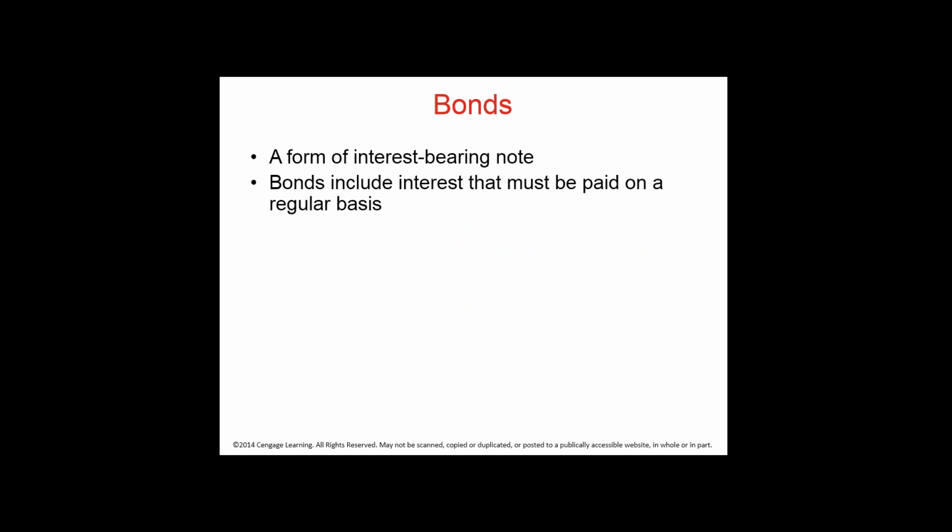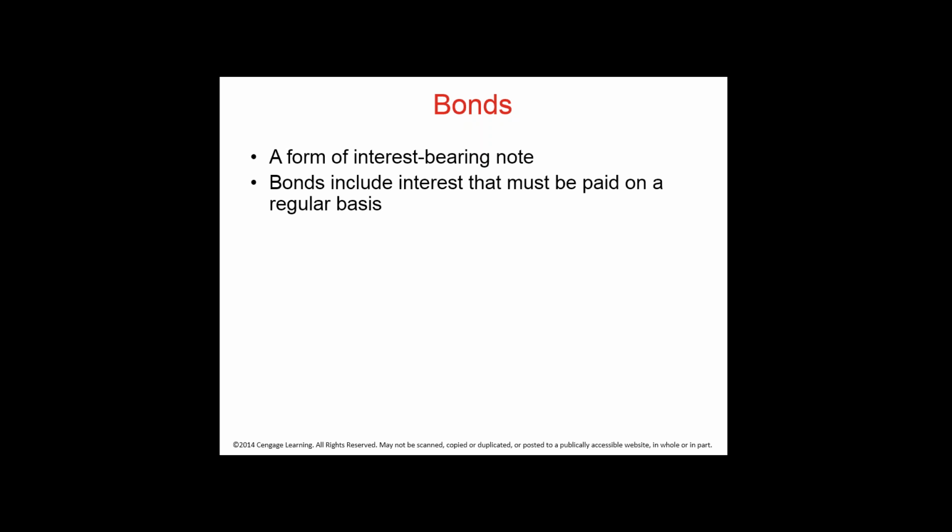Generally speaking, on a bond, remember a bond is something where someone has loaned us money and we must pay them back. Instead of paying the interest at the time the bond comes due, like you would on a notes payable, interest is paid regularly throughout the term of the bond.